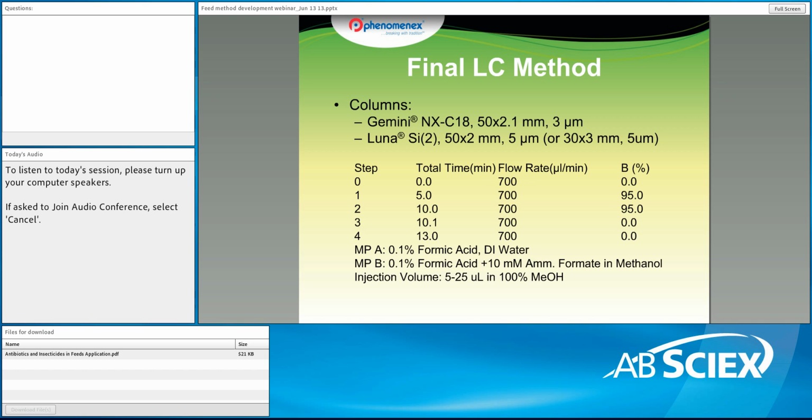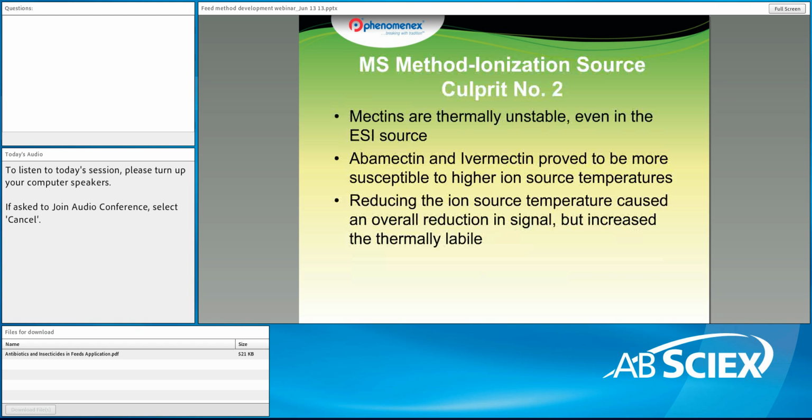And formic acid and methanol with some ammonium formate in the methanol to enhance those mectins that I mentioned. Obviously, this needs to be modified from LC system to LC system. I believe at Eurofins, the LC system that was used was different than our Agilent.